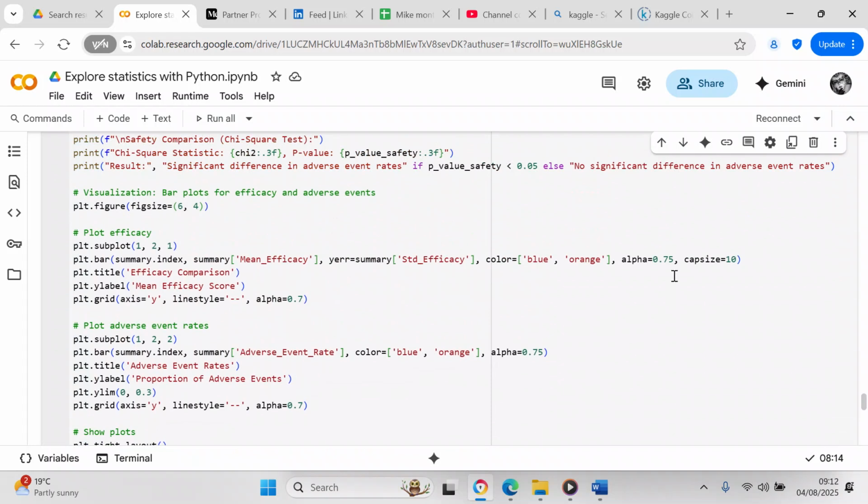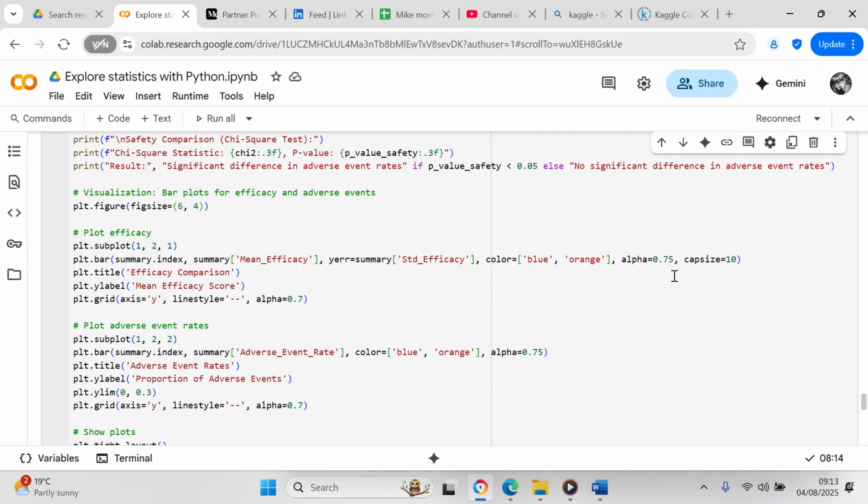So plt.figure(figsize=(6,4)), and then you've got your plot for efficacy: plt.subplot(1, 2, 1), plt.bar, letting you know it's a bar chart, (summary.index, summary['mean_efficacy'], yerr=summary['std_efficacy'], color=['blue','orange'], alpha=0.75, capsize=10).